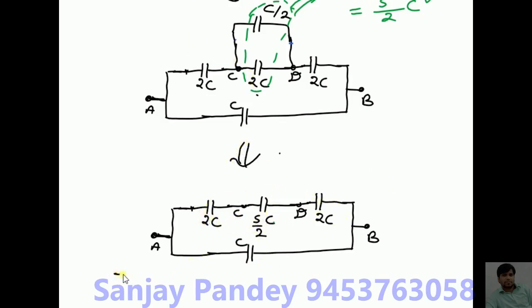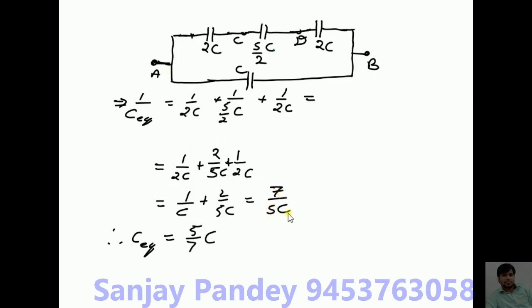Their resultant is given by 1 upon Ceq is equal to 1 upon 2C plus 1 upon 5 upon 2C plus 1 upon 2C. This will be equal to 7 upon 5C. This implies C equivalent will be equal to 5 upon 7C. This is your net capacitance between terminals A and B.